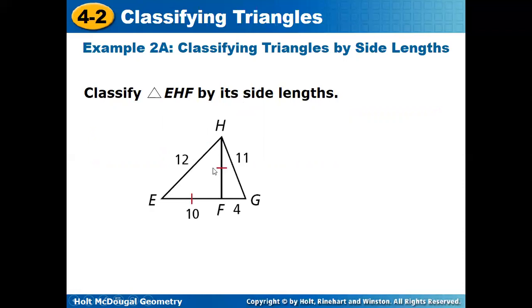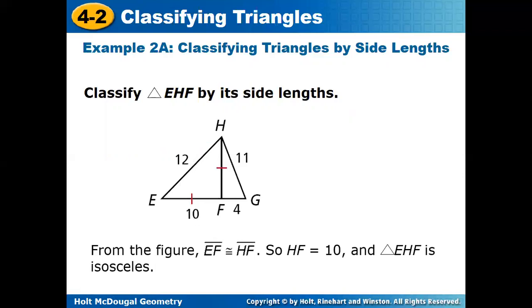They have the same sign, so they are congruent, okay? And the third side doesn't have the same sign as them. So what is the type of this triangle? Yes, it's isosceles. So the triangle EHF is an isosceles triangle.